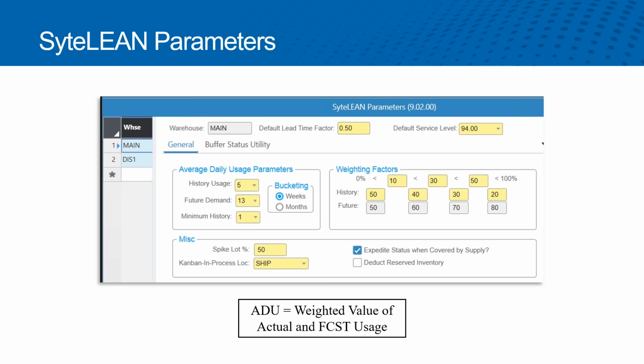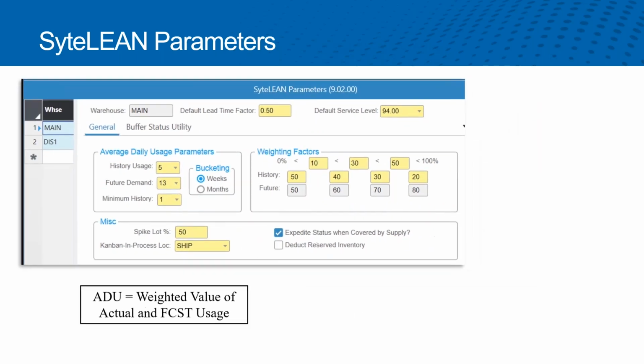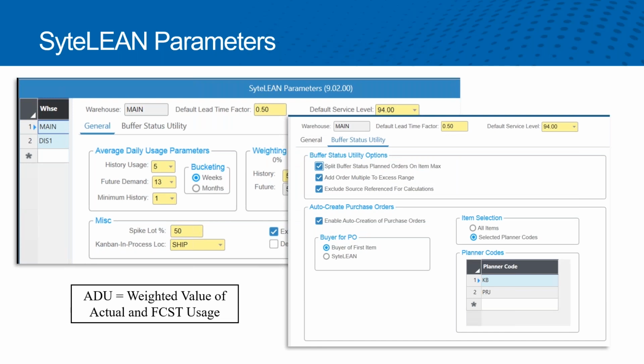On the SyteLEAN parameters again, when the buffer status utility calculates, we have the ability to, for a group of orders, go ahead and instead of creating PLNs that you see in your workbench, create purchase orders in the ERP.